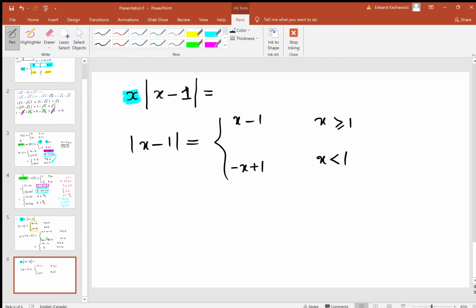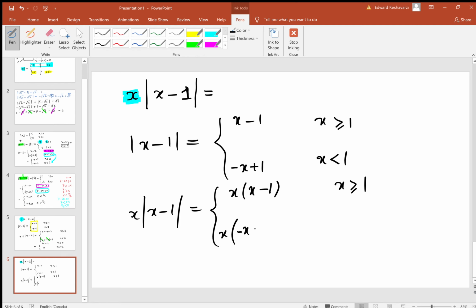Now time to multiply by x. Therefore, x absolute value of x minus 1 equals x times x minus 1 for x larger than or equal to 1, x times negative x plus 1 for x less than 1.